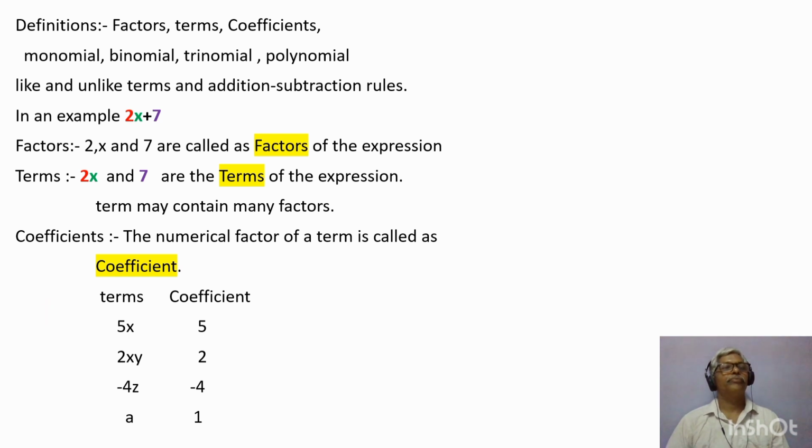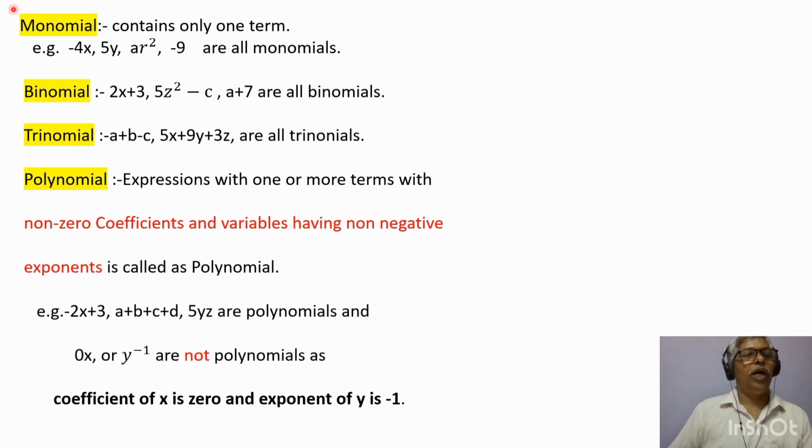Another set of definitions: monomial, binomial, trinomial, polynomial, and the names are very suggestive. Monomial means it contains one term: minus 4x, 5y, a square, or minus 10, all are monomials.